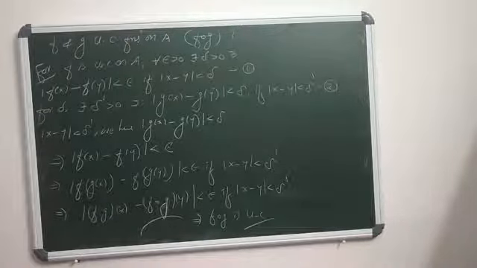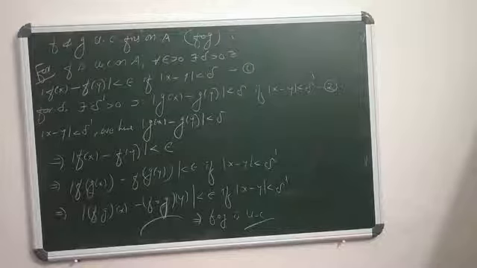Okay, so there is no such restriction. From these three results, if f and g are uniformly continuous, then their sum f plus g is uniformly continuous. Also, their composition is uniformly continuous without any restriction.